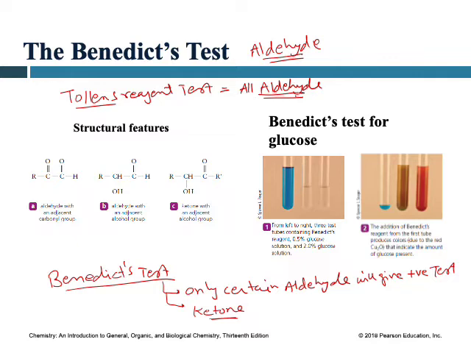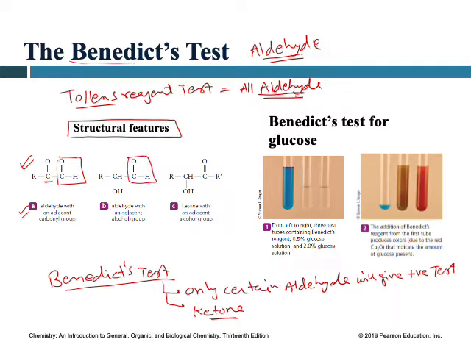So what are the three structural features that you need for a positive Benedict test? The first requirement is, if an aldehyde group has a carbonyl group attached next to the aldehyde group, that aldehyde compound can give a positive Benedict test.